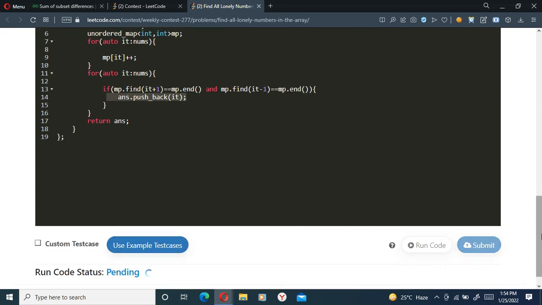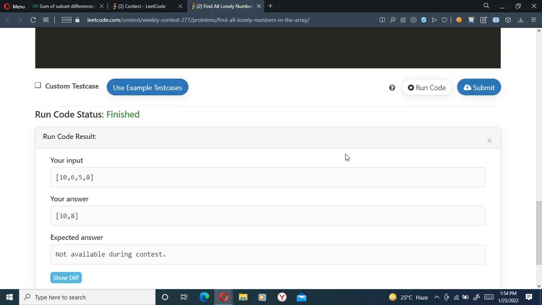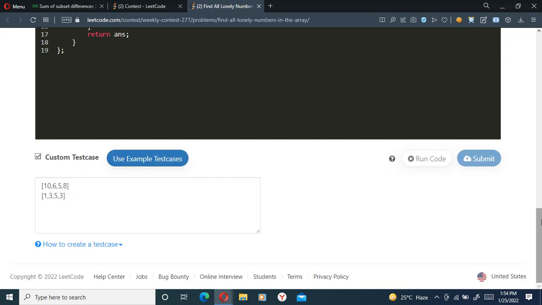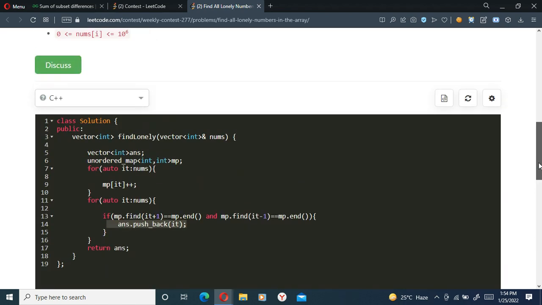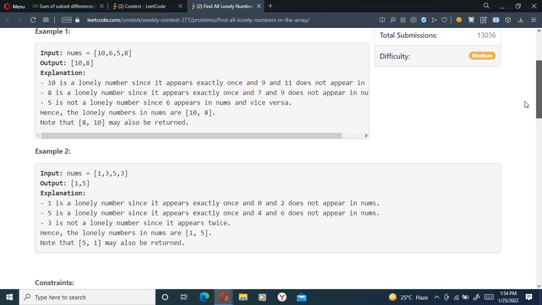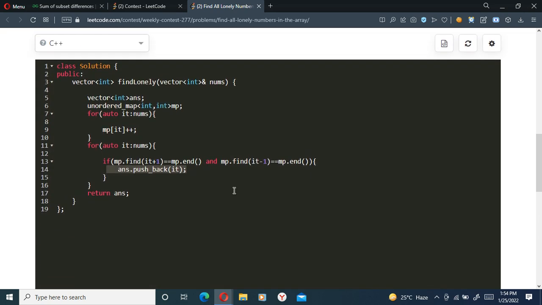Okay, fine, it should work. 10 8. Okay, fine, working. Example test case 1353. Is it? Nope, it's not. 1 5 should have been the answer. Why is it giving me 3?